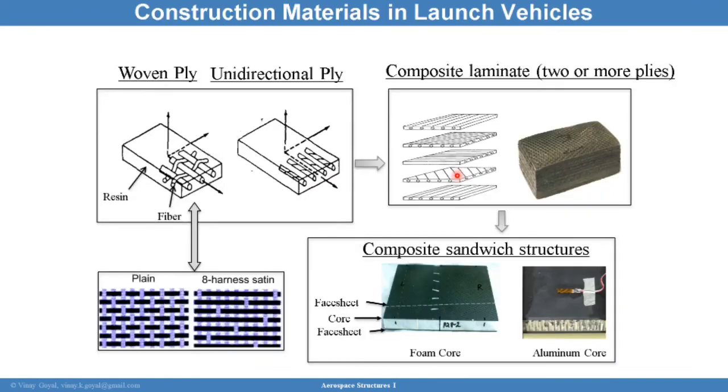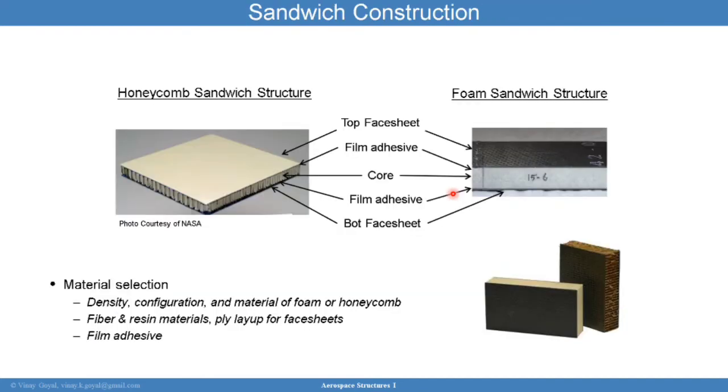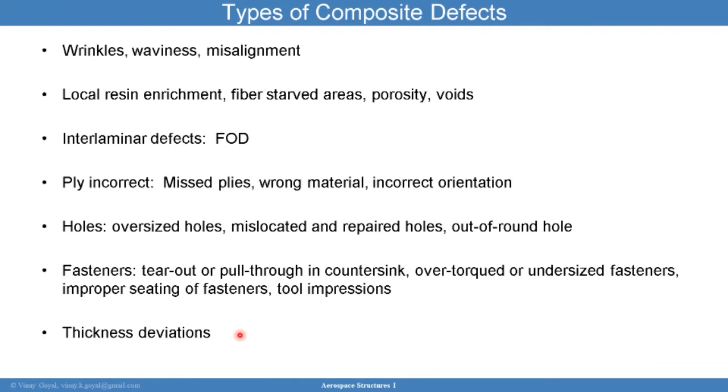For example, this was supposed to be 0.08 inches, but then it turned out to be 0.06 inches, or something like that. This also happens in bonded joints. You're supposed to control the bond line thickness, and perhaps the bond line thickness was affected by thickness deviations.